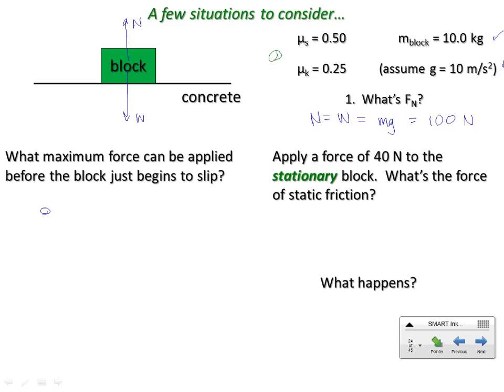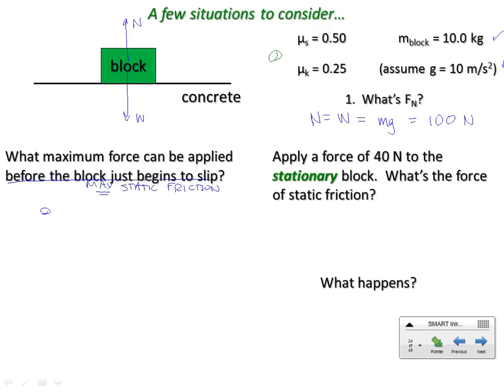Now, how hard can we push before this thing starts to slip? These are prime keywords for static friction. For maximum static friction, just before it starts to slip, we could push a little bit, nothing would happen.